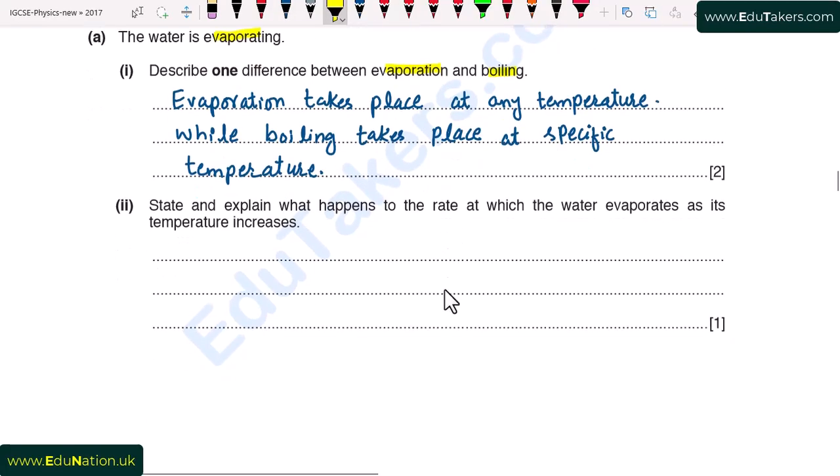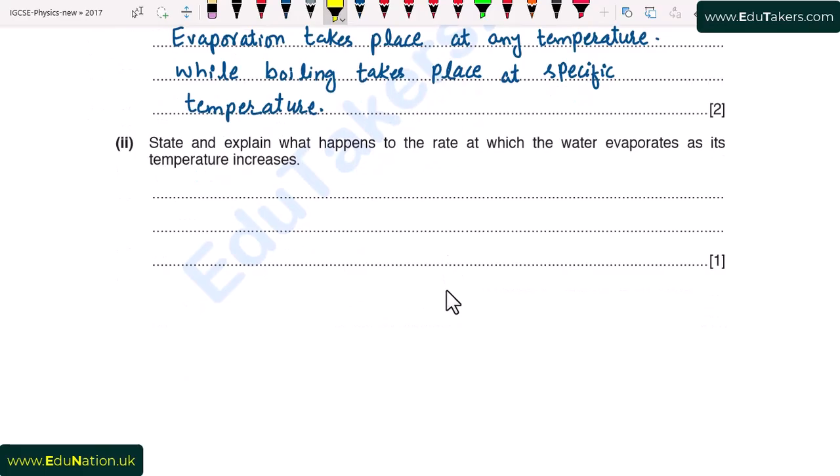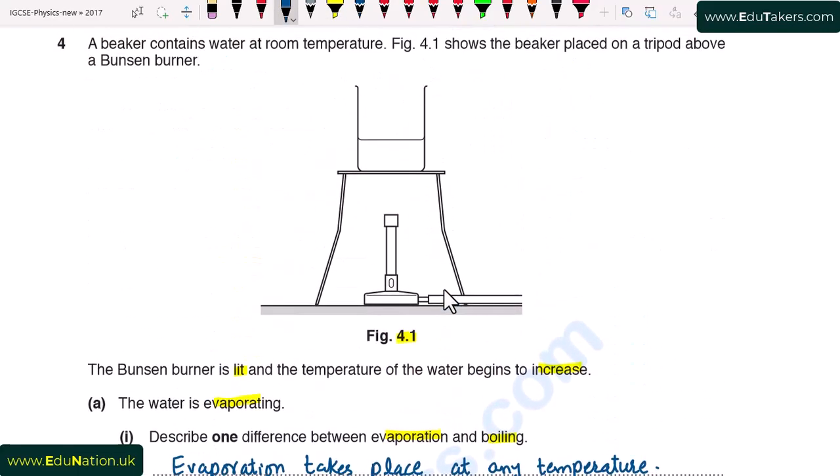Part 2. State and explain what happens to the rate at which the water evaporates as its temperature increases. So here we have to explain the effect on the rate of evaporation when we increase the temperature. So if I consider that here is a container and water molecules like that, as shown in this figure, when I increase the temperature, then what will happen?